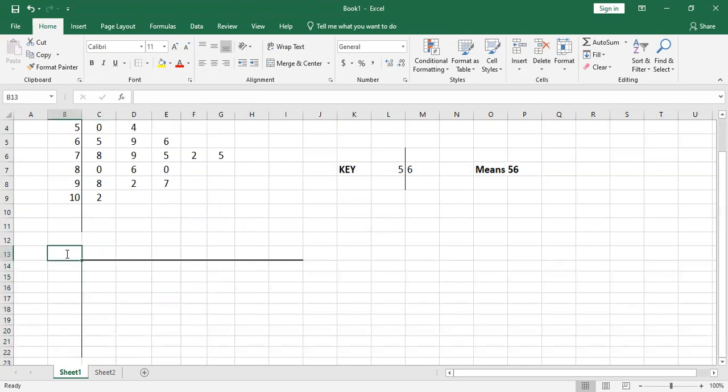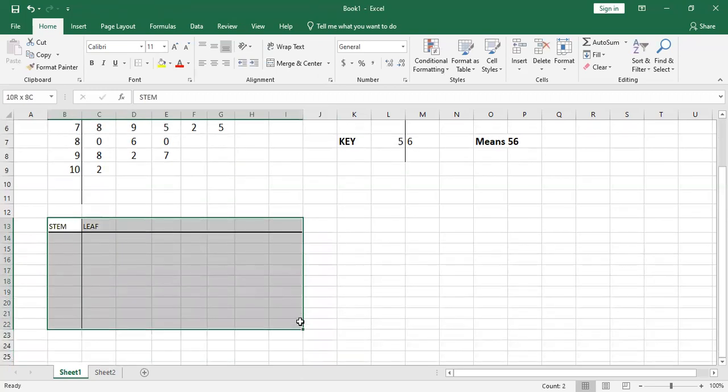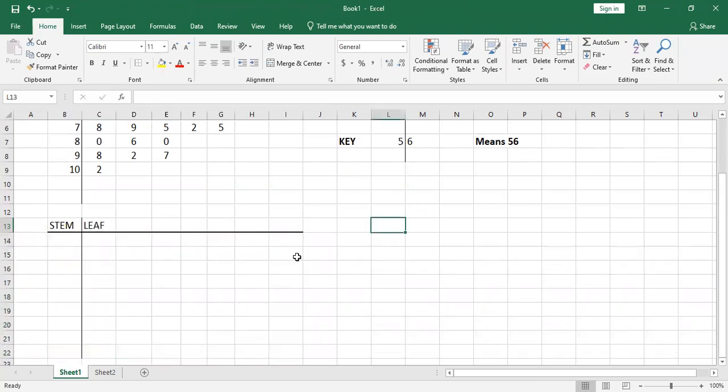I'll indicate again stem, and then this side leaf. Okay. I'm copying the same information, but this time around, I'm arranging it in chronological, or what we call ascending order.